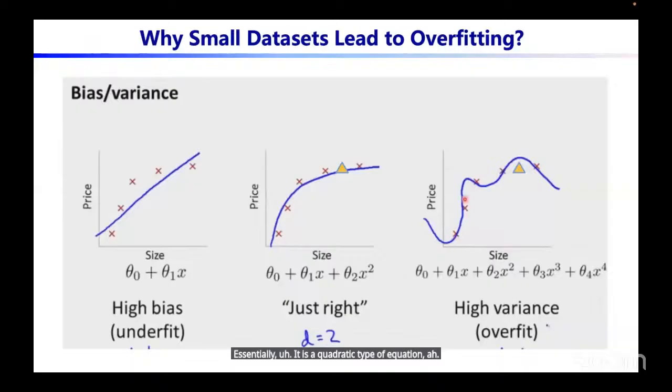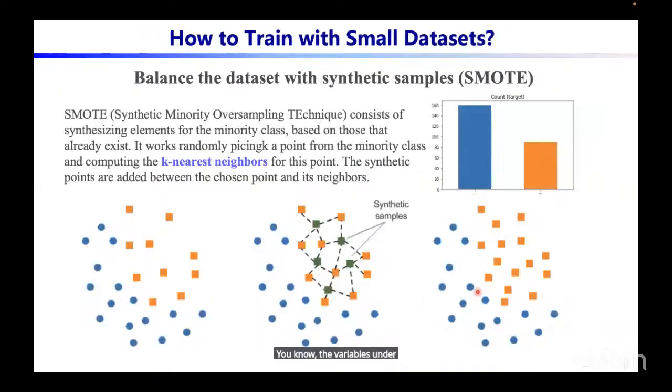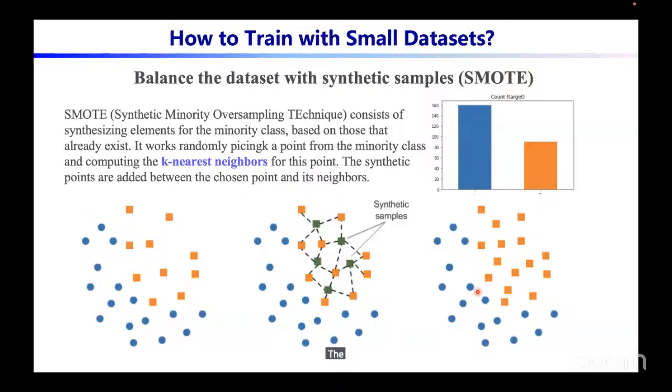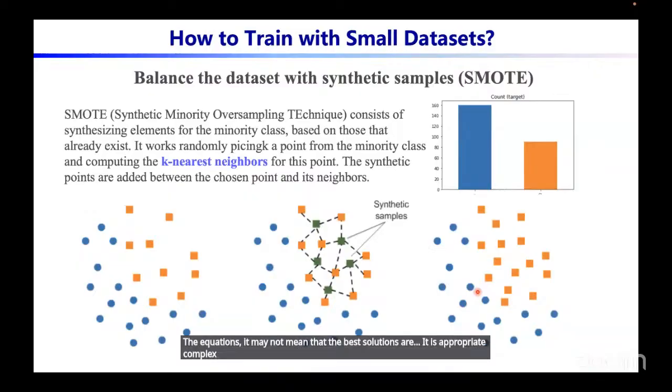But if you have an overfitting situation, you can have many orders of the variables, which gives you highly complex equations. That means the more complex the equations, it may not mean the best solution. An appropriate complexity is the best one.